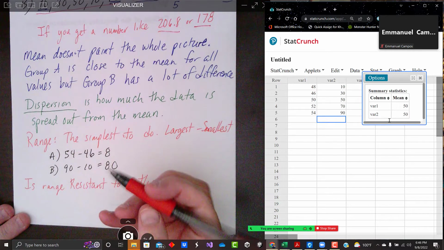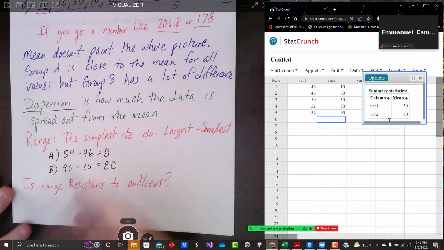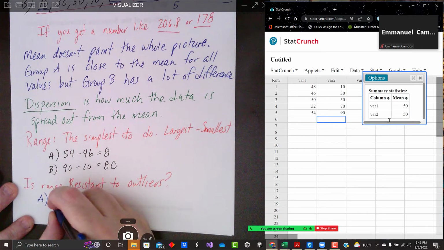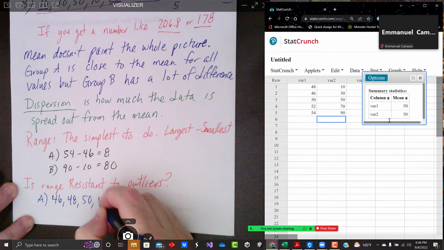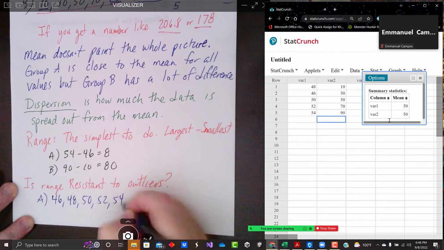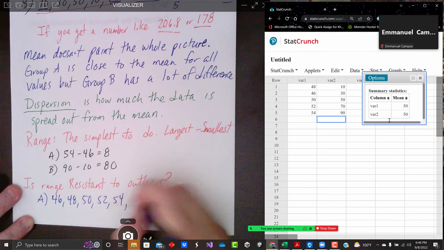Let's change A. Let's add one more value to A. I'm going to put them in order: 46, 48, 50, 52, 54. And let's add one new value. Let's add 100.